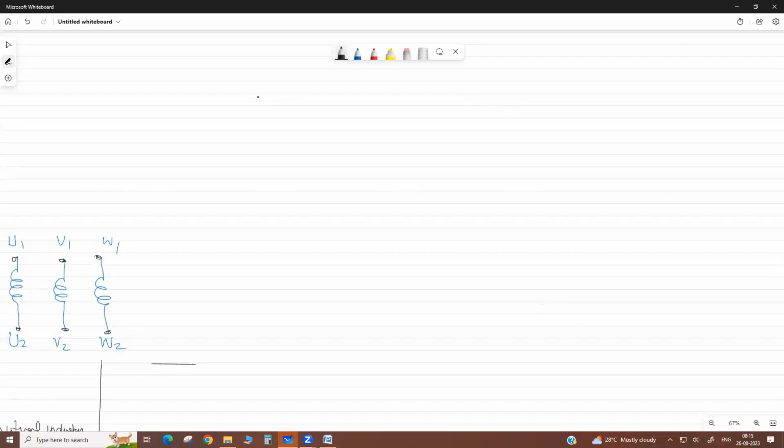If you cut it, suppose this is your soft iron core. There are 3 coils wound on this, like this. This is coil 1, they are identical. Coil 1, coil 2, like this. The second also here.